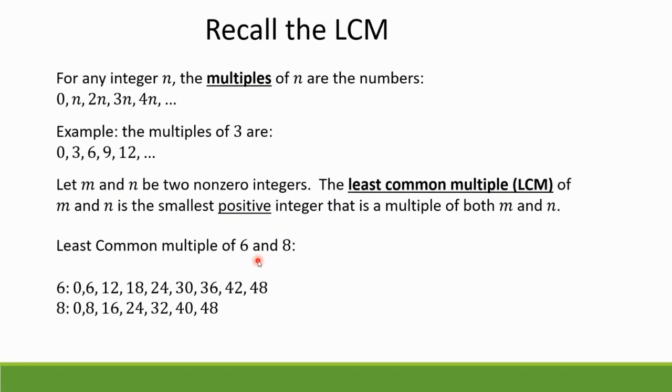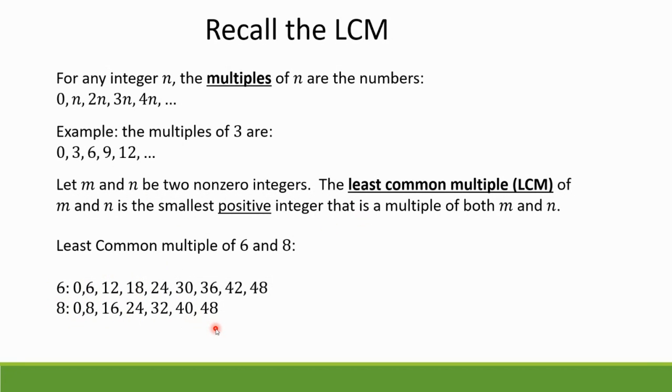But as an example, this is actually the same one we did in class when we first saw this, 6 and 8. I really don't have to include 0 here because 0 can't be the least common multiple, but I did put 0 in both lists. For now, we can just list the multiples of both integers, in this case, 6 and 8.